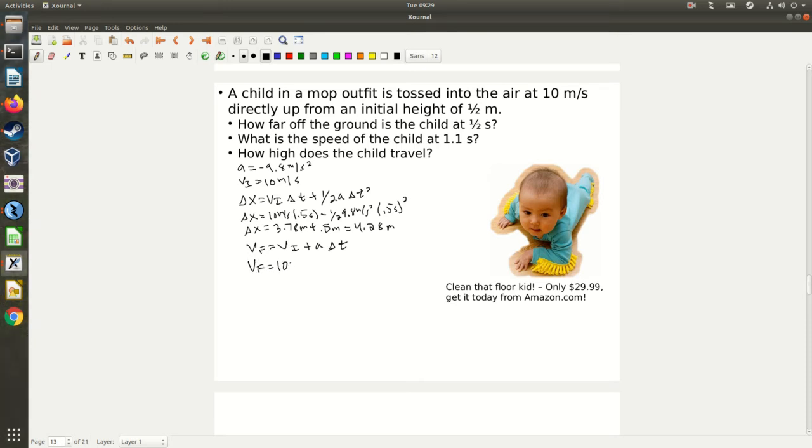I know that my initial speed is going to be 10 meters a second. My acceleration is 9.8. And I know that I wanted it at 1.1 seconds. When I factor that in, I get a, oops, made a little pencil mark. Go away. All right, good. Negative 0.78 meters a second.